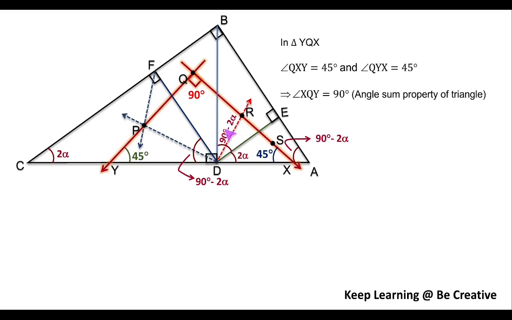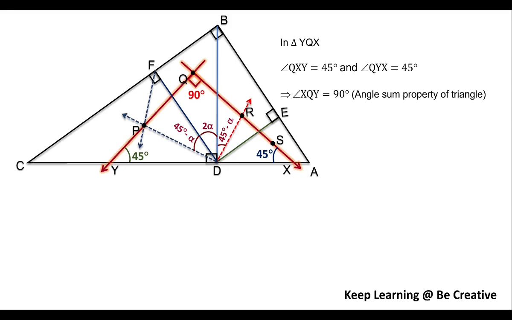Similarly, we can mark the angle FDB as 2 alpha. As this complete angle was 90 degrees and this small angle we have already marked as 90 minus 2 alpha, the remaining angle comes out to be 2 alpha. Now DR and DP are the angle bisectors, so further we can mark angle RDB as 45 minus alpha and angle PDF as 45 minus alpha, as they were the bisectors of the respective angles.